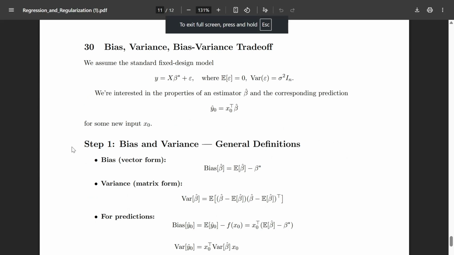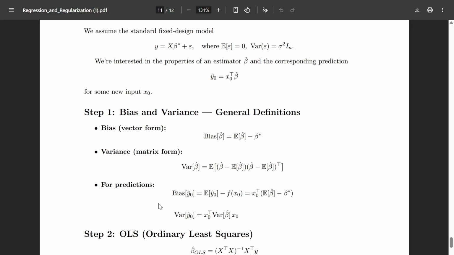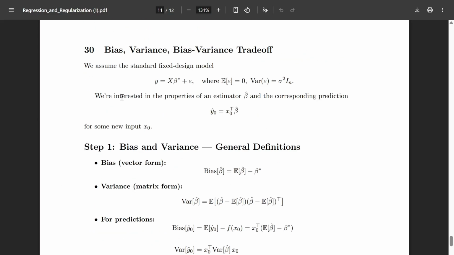So how do you find the bias and how do you find the variance of a particular data set? We'll be looking into some intuitive ways to understand what bias is and what variance is. So let's say you have a design model. You have a beta star, which basically means that your parameters have been optimized, right?